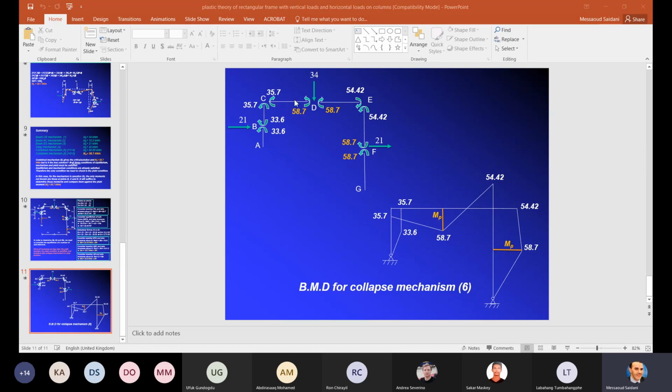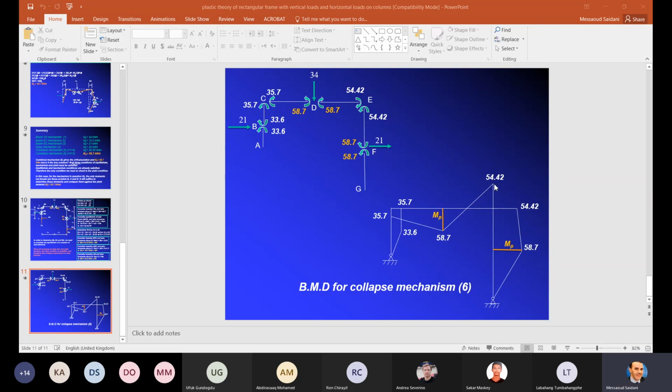And we have 58.7, which is here at the bottom. And at the top, we have 54.2, and then you join these points together because we have a point load in the middle. So the bending moment diagram will be like that.